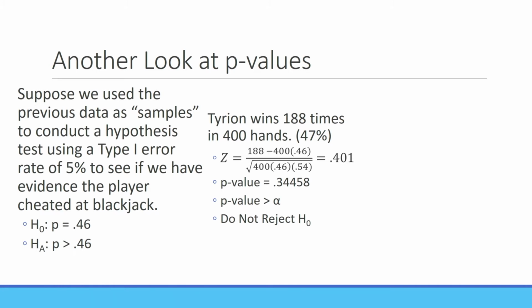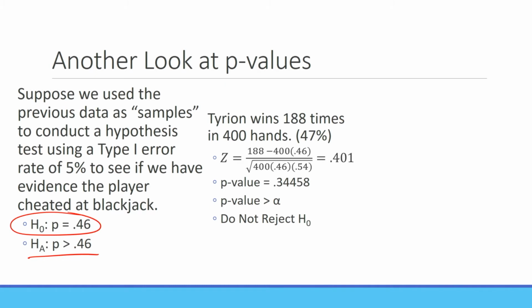If they're not cheating, then their overall proportion of winning hands should be about 46%, because that is our overall probability of winning. If they are cheating, then we have evidence that they're winning more than 46% of the time.